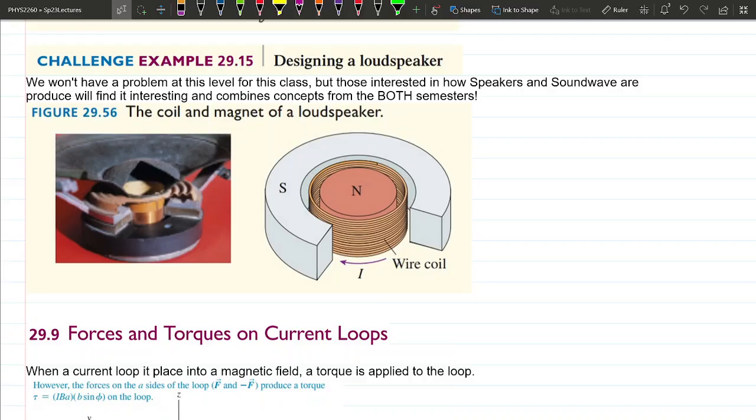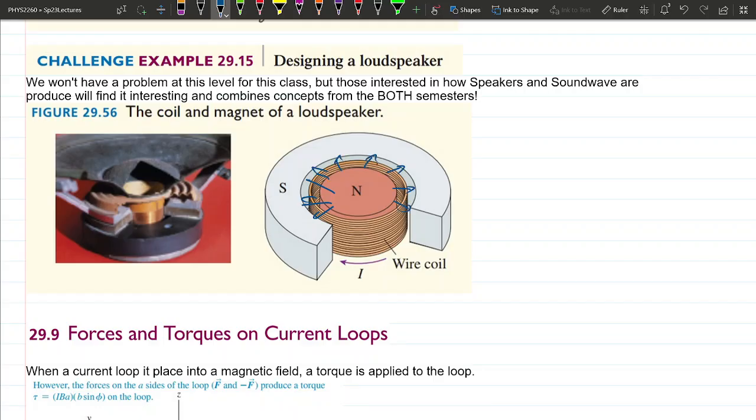Remember, having multiple coils increases the magnetic field. And you place that between two permanent magnets, one that has the north pole inside, one that has a south pole outside. Therefore, it creates a magnetic field going always outward from it. If I can draw that correctly, that would be great.